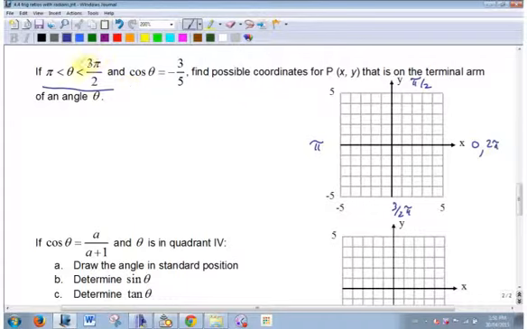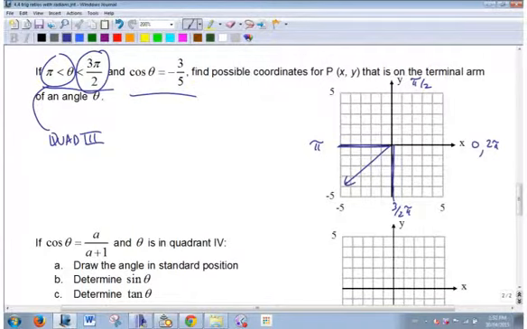It's in between, it's less than that, but it's greater than that, so right there. Also, let's write that. So this terminal arm is in quadrant 3.